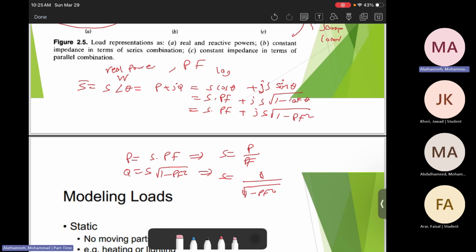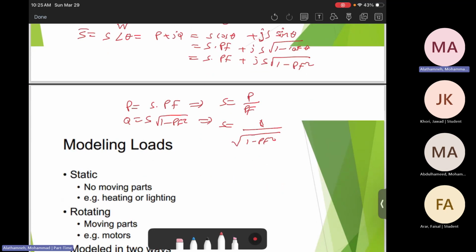So depending on the information, we can calculate the complex power. If we have the apparent power, S bar will be S angle cosine inverse of power factor, positive if lagging, negative if leading.